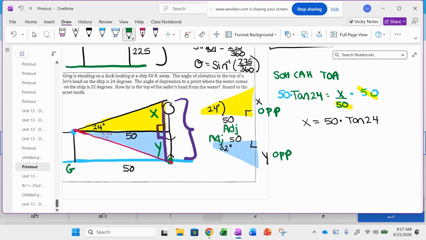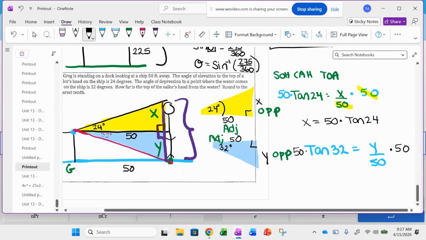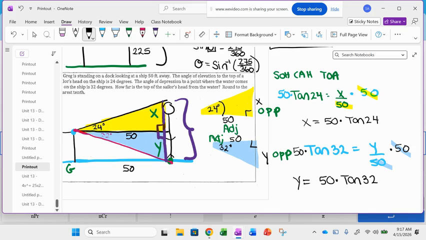So once again, I'm going to use tangent. The tangent of 32 is equal to opposite y over adjacent, which is 50. We're going to multiply by 50 on both sides. The 50s cancel, so y is equal to 50 times the tangent of 32. Everybody good with how I solved the two triangles?